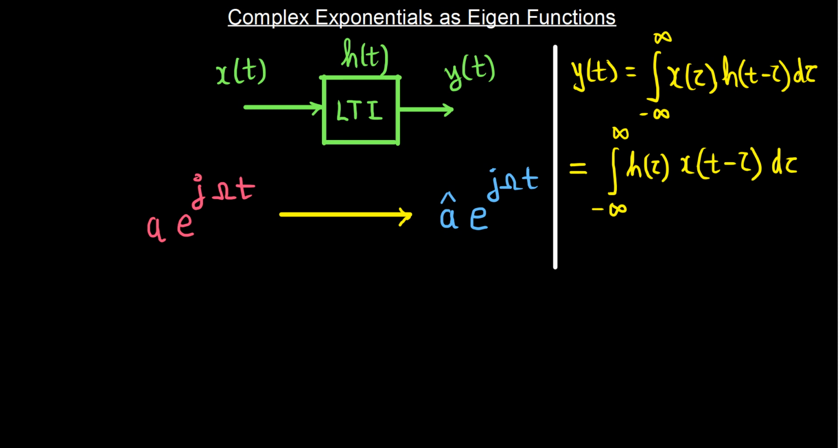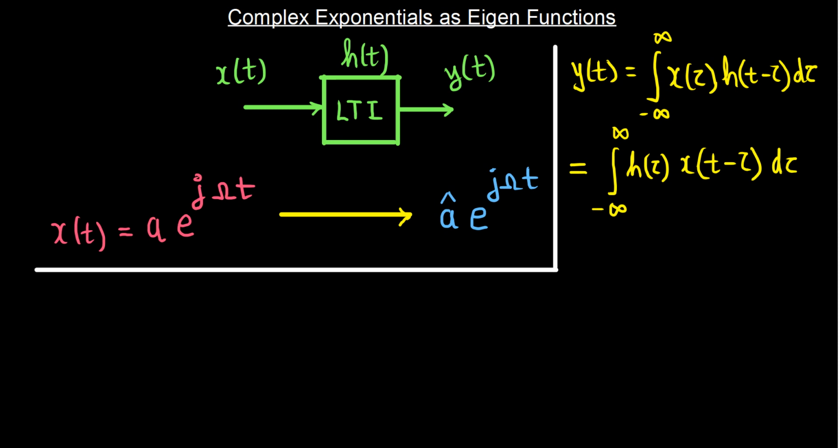Now we are feeding this complex exponential as an input to the LTI system. That means x here is the complex exponential, so this one is x of t. So let's give this x of t, that is the complex exponential, as an input to this LTI system and see what are the changes that happen in this formula.